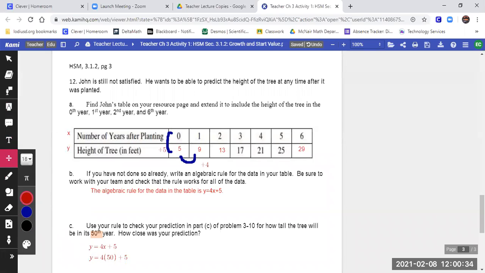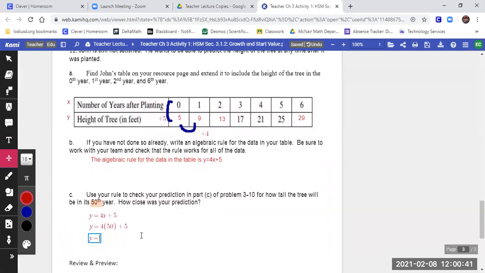Okay. And we have to do the math. Some of you are not doing the math for your worksheet, so you're not getting full credit. 4 times 50 is how much? 200. But I have that plus 5 because remember it started out at 5 feet tall.